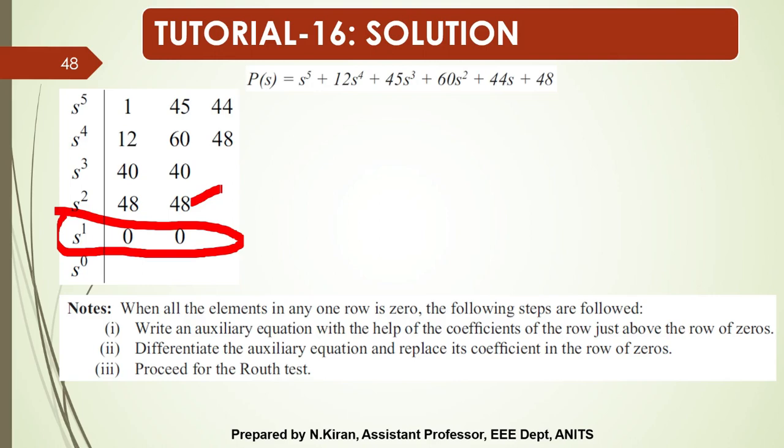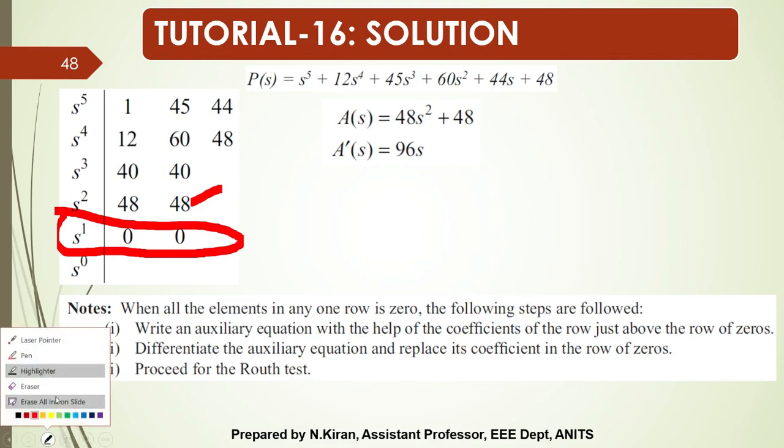So this is the procedure that one should follow if you encounter a row of zeros. In this case, the auxiliary equation will be 48s square plus 48, because those are the coefficients above the row of zeros.